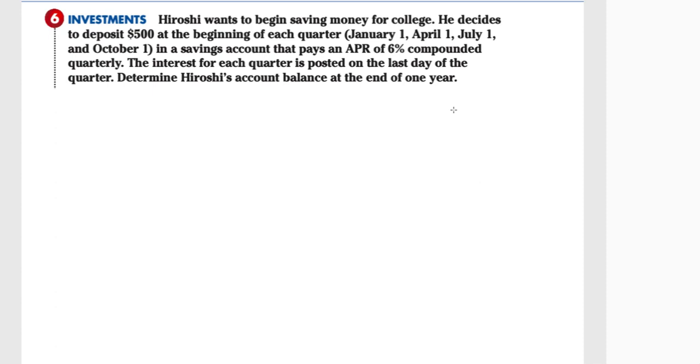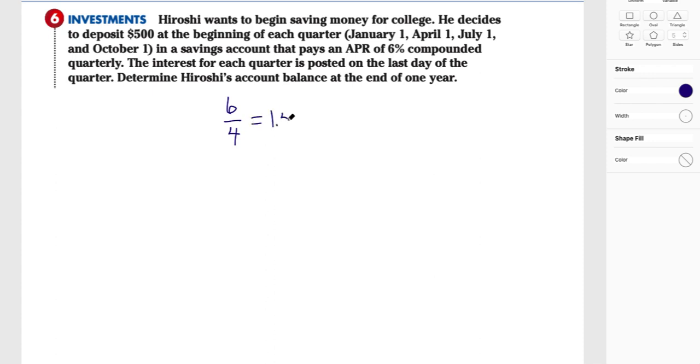So what we first need to do is recognize that if the interest is being compounded 4 times in a year, that means we're going to first divide that by 4 to see that the amount that we get is not approximately, it really is equal to 1.5%.